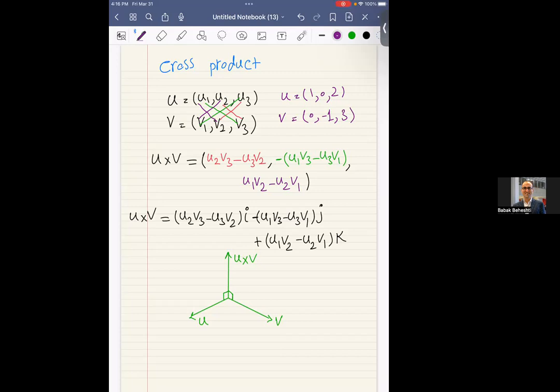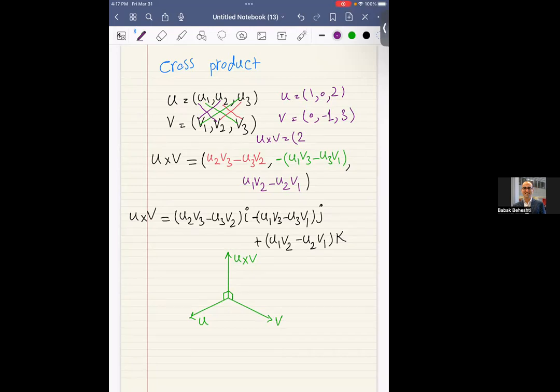For the first component, it is u2 v3 minus u3 v2. Because u2 is 0, it's 0 minus u3, which is 2, times v2, which is -1. So the first component of u cross v is 2.